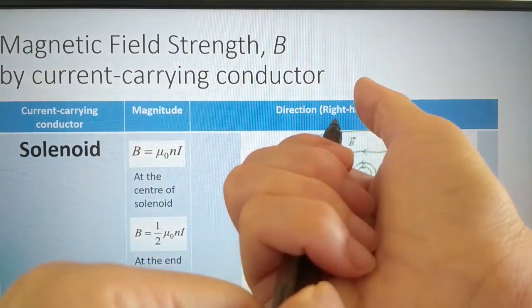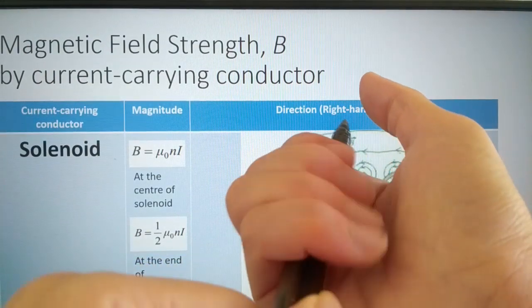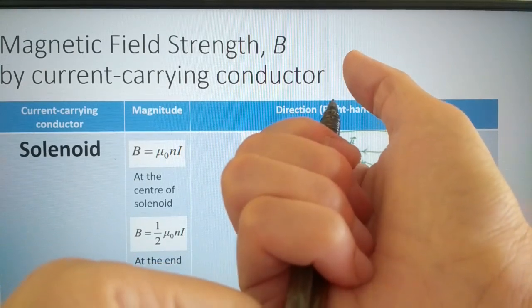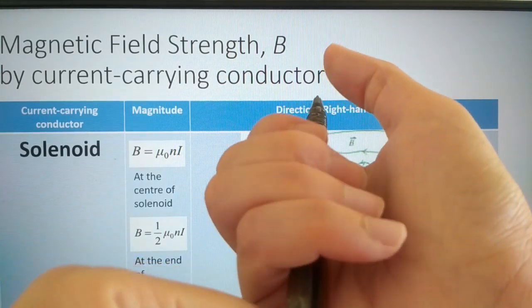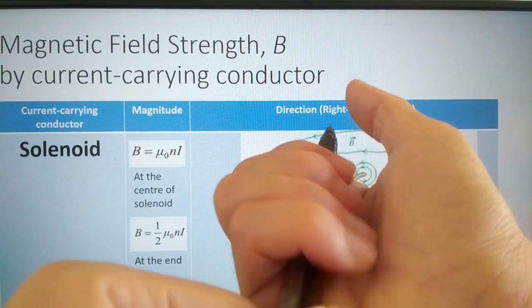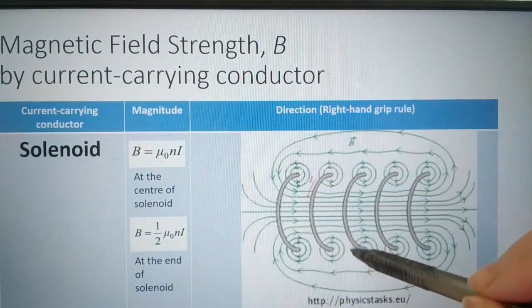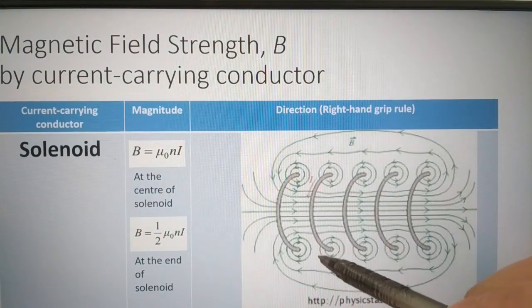Can you see how the rest of your four fingers grip the conductor? It is gripping in a clockwise direction. So that is why the magnetic field strength here is clockwise.